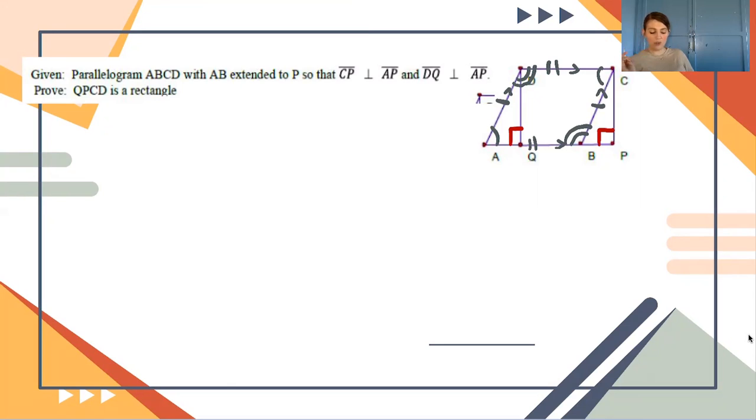So now I'm going to stare at this picture because what I want to prove is that this is a rectangle.